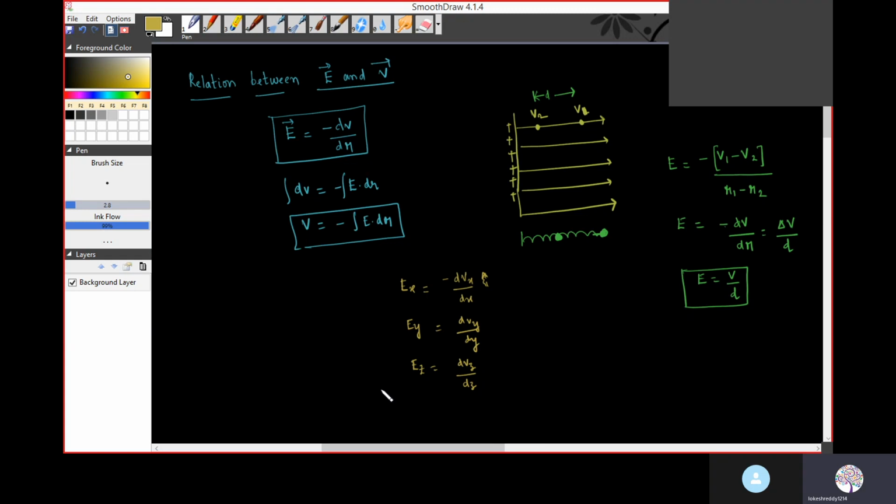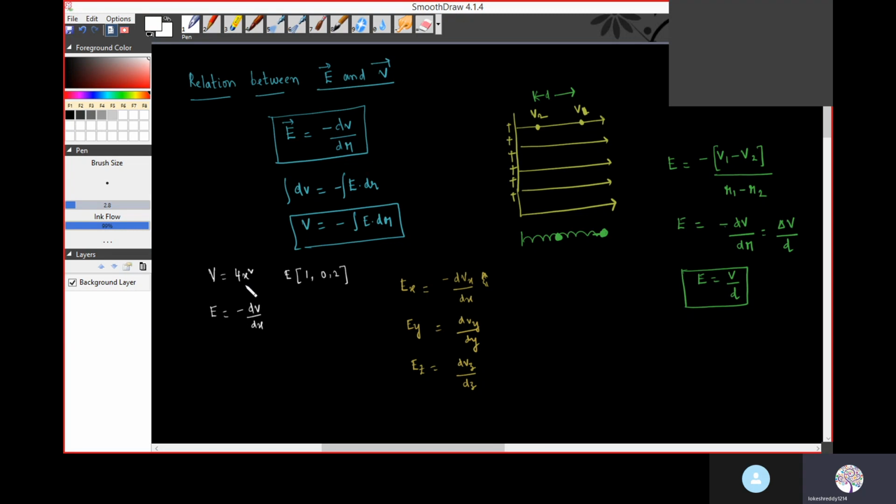Say electric potential, the problems will be like this. Say the potential is given as 4x square. Find the electric field at the point 1 comma 0 comma 2. Then electric field E is equal to minus dV by dx.